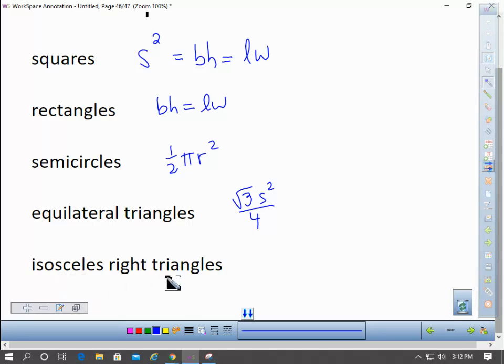And then for an isosceles right triangle, well, it depends on the way it's turned, but that's going to be 1/2 base times height. And since it's an isosceles right triangle, it depends on whether your leg is down or whether the hypotenuse is down on the bottom.